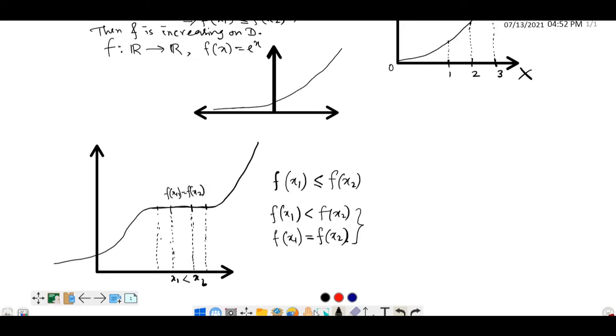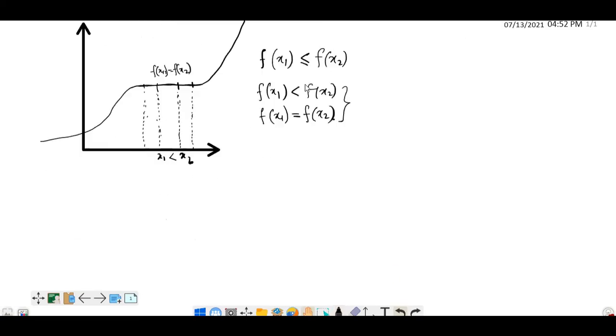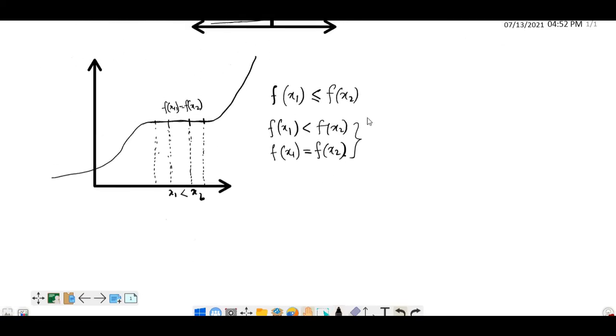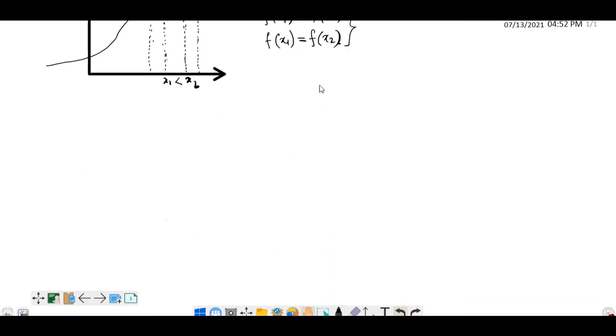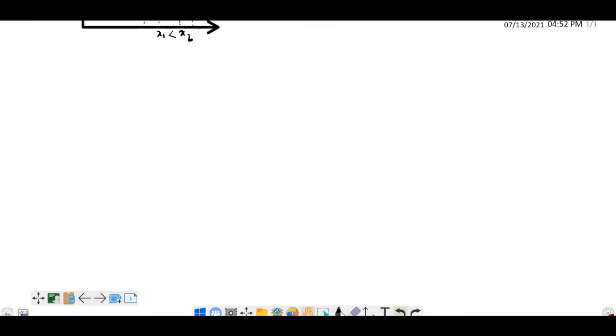So next we are coming to the definition of a strictly increasing function. As you have seen, for increasing functions either of the two conditions can be true. But for strictly increasing functions, only one condition can be true, and that is the strictly less than sign.